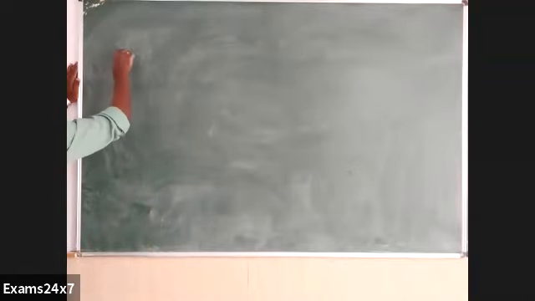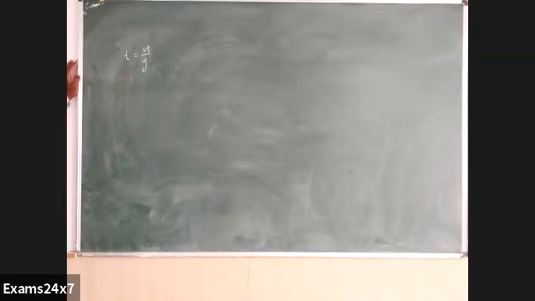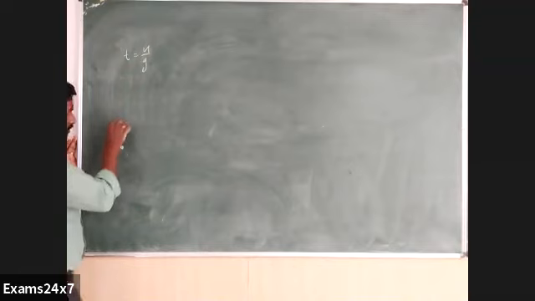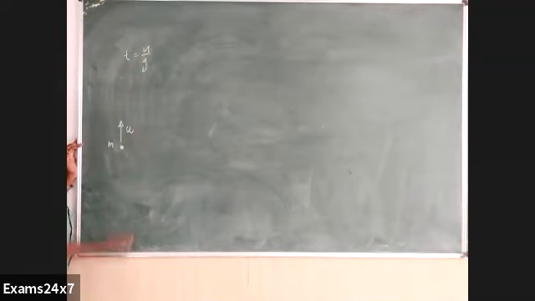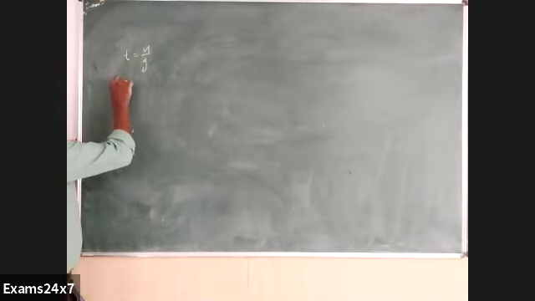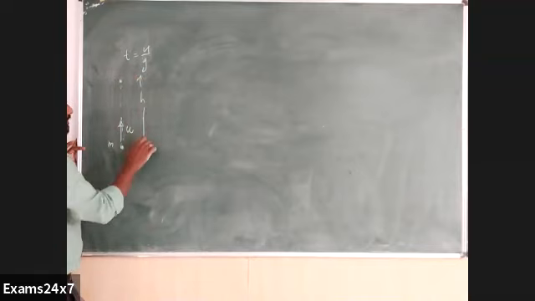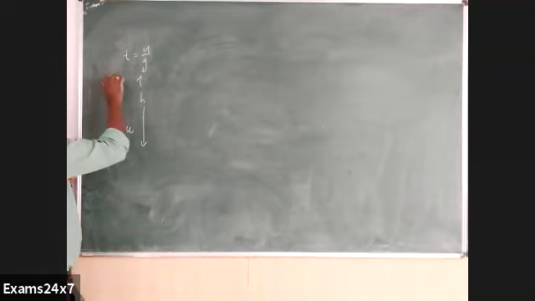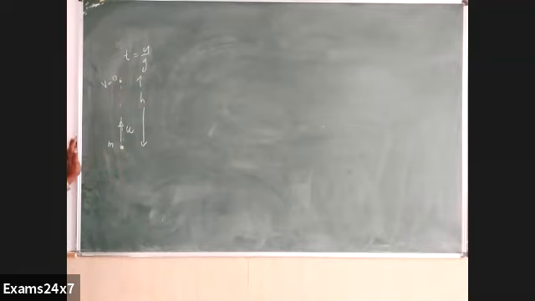Now time of flight is equal to u by g. An object of mass m is thrown up with a velocity u and reaches maximum height h. That means its final velocity is 0.